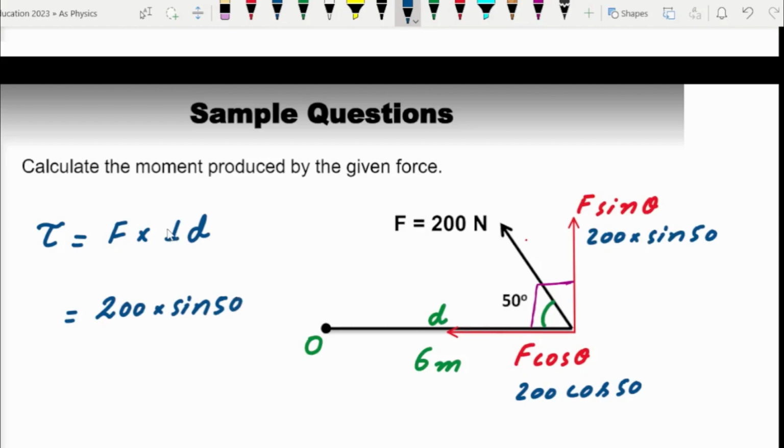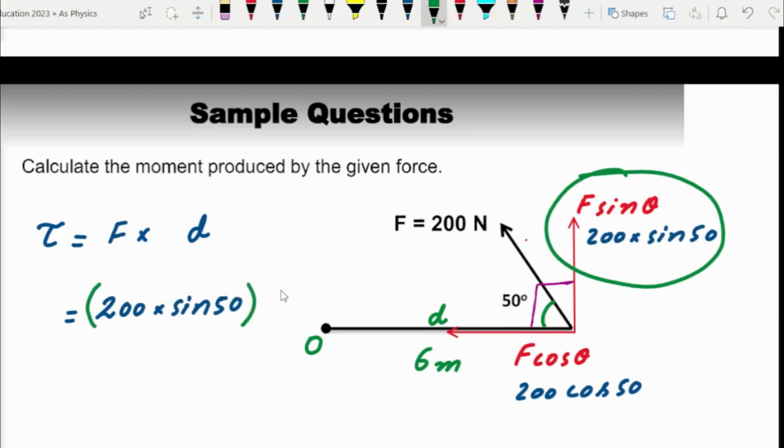Or if I be more precise, I should be writing it perpendicular force into distance, because we have resolved the force into components, but it would be same anyway. So this component of force was perpendicular. All of it is the value of force times the value of distance, which is 6 meters.